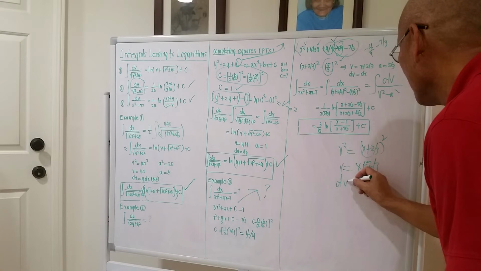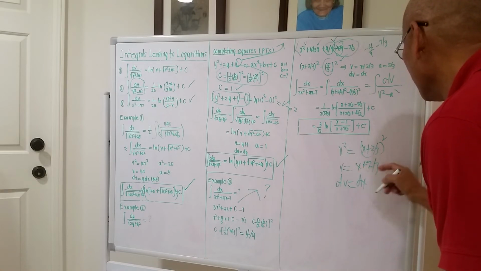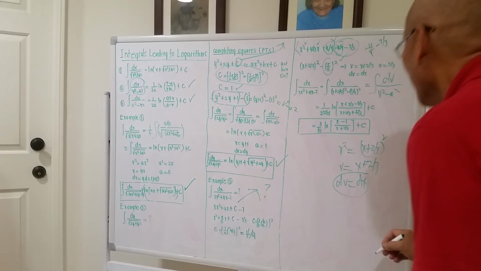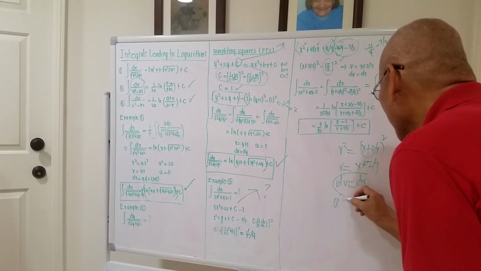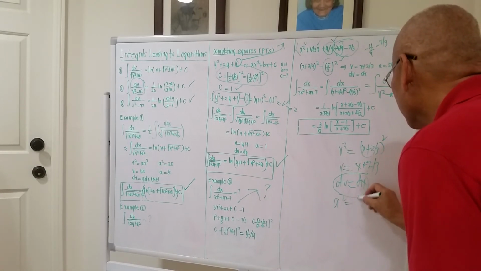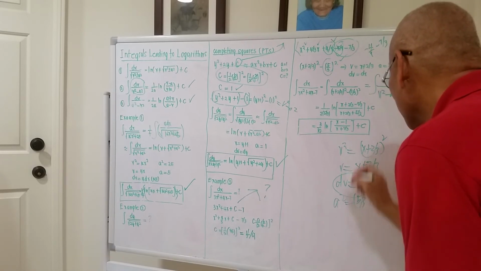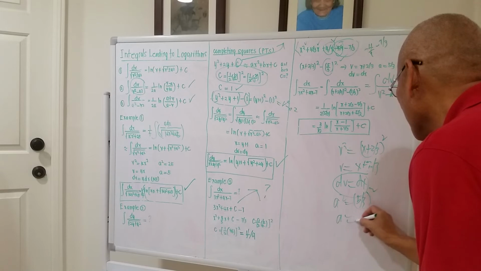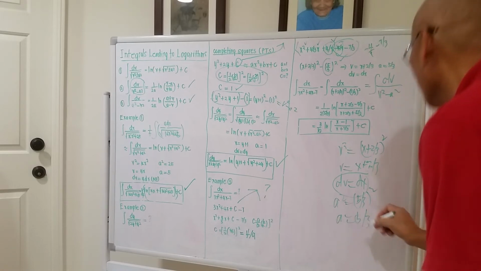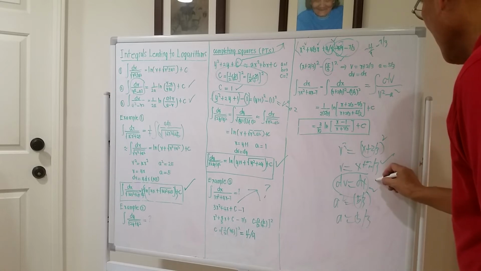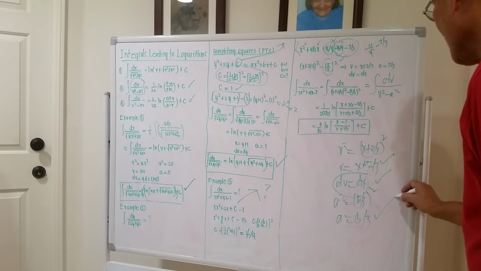So db will be equal to dx plus 0, or db is just dx. And a squared is equal to 5/3 quantity squared. Take the square root of both sides. a will be equal to 5/3. So we now identify the value of b, the value of db, and the value of a.